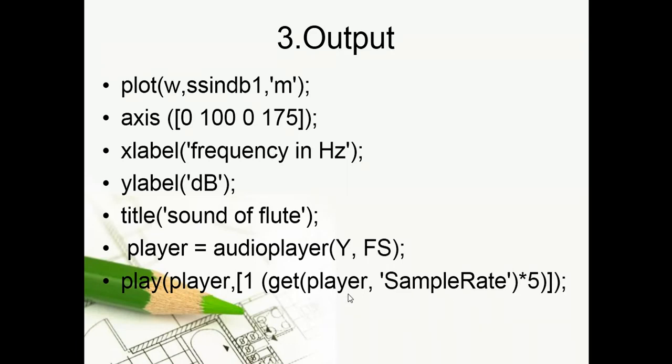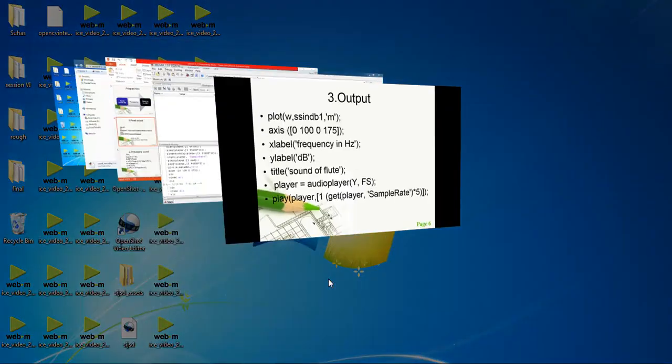So we are getting the sample rate of the player, that is of sound wave y, and multiplying that by 5. So it will play the sound for 5 seconds. So 5 into 1 gives the value 5. So from 1 to 5 we are playing the sound. Okay, we'll see this program in MATLAB.